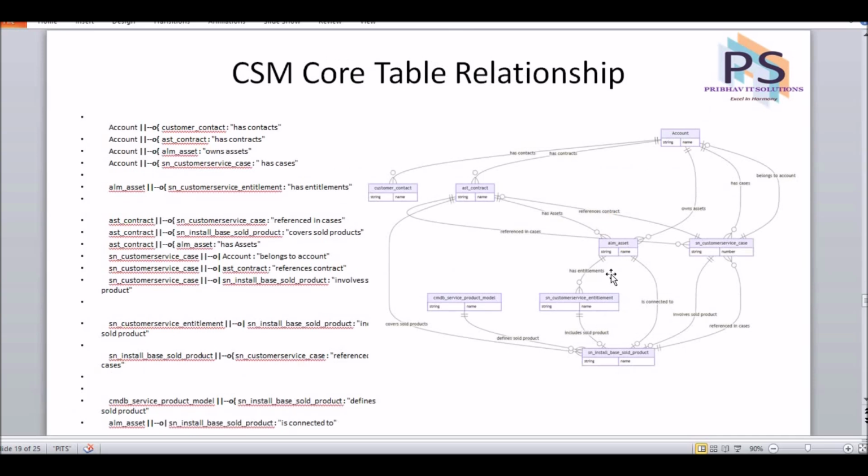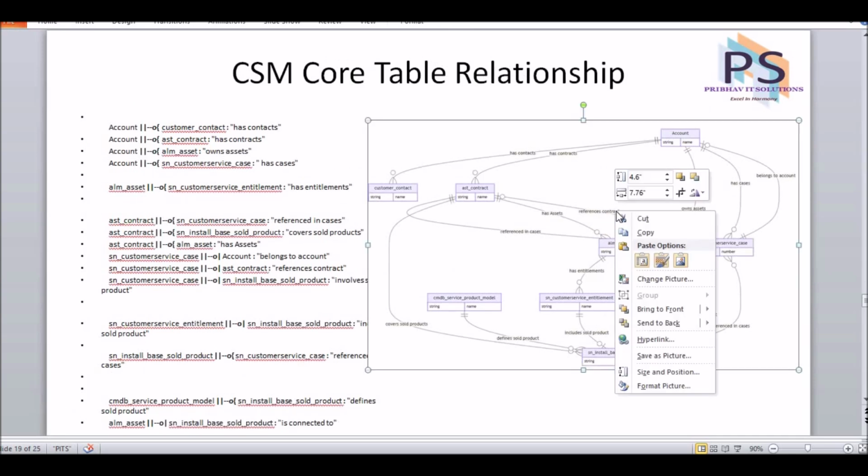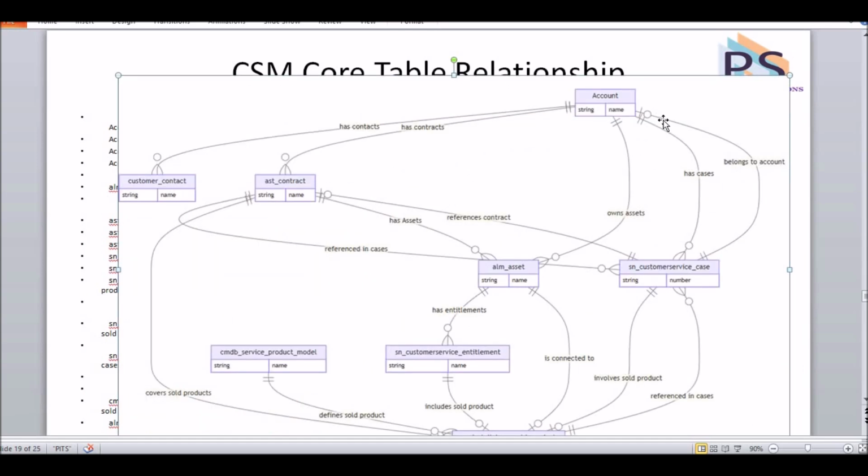Okay, this is the relationship diagram we tried to create. Let me see if I can zoom it a little bit. Yeah, so let's understand this. Account has multiple contacts, that is managed under customer contact, so has contact. Account has contracts with multiple other accounts, and that falls under the AST_contract table.